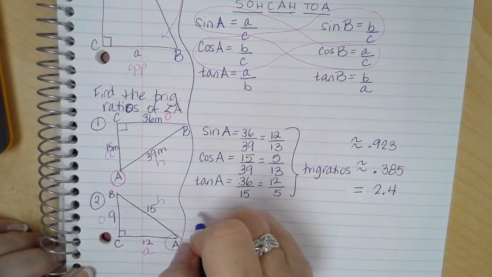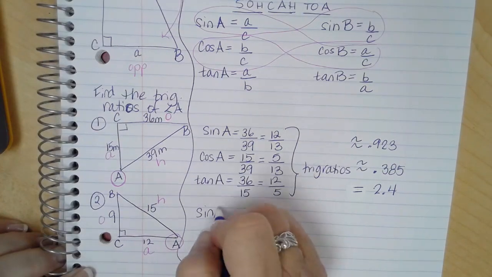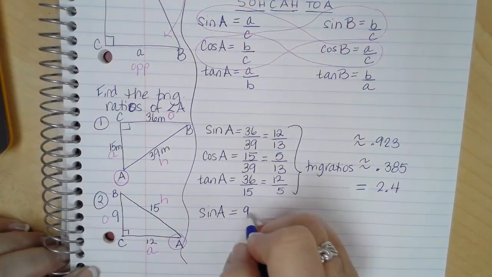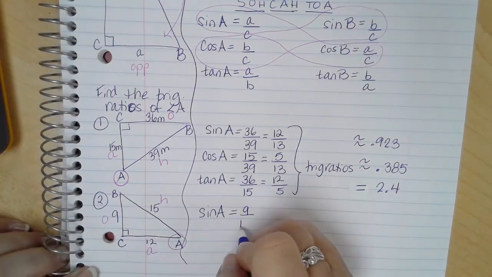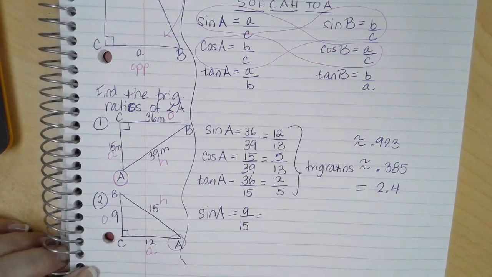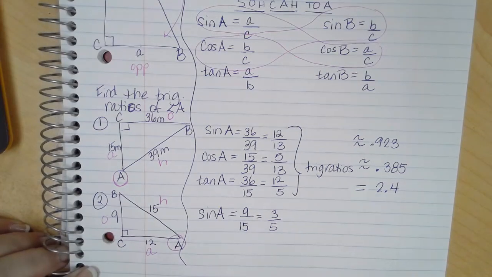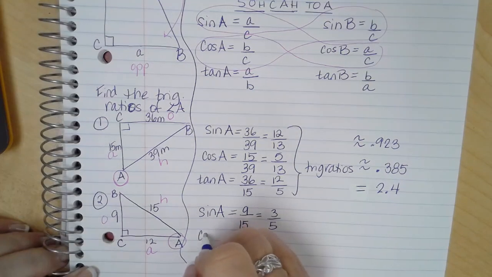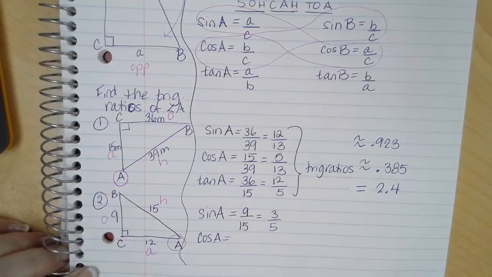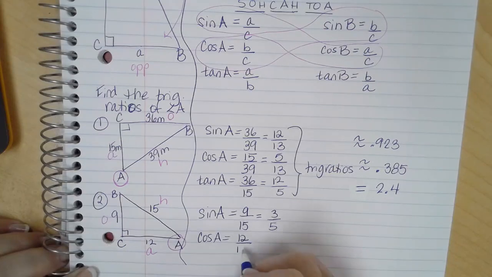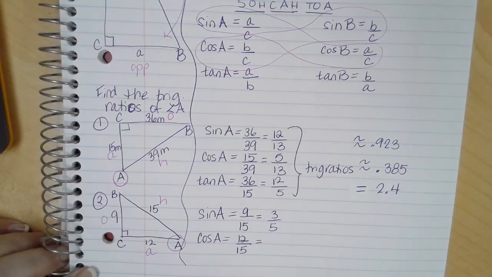So then if I'm going to work that and do my ratios, I do sine of A is opposite 9 over hypotenuse 15. What are those both divisible by? 3 again. So this is 3/5. Then we do cosine of A. It's adjacent 12 over hypotenuse 15.